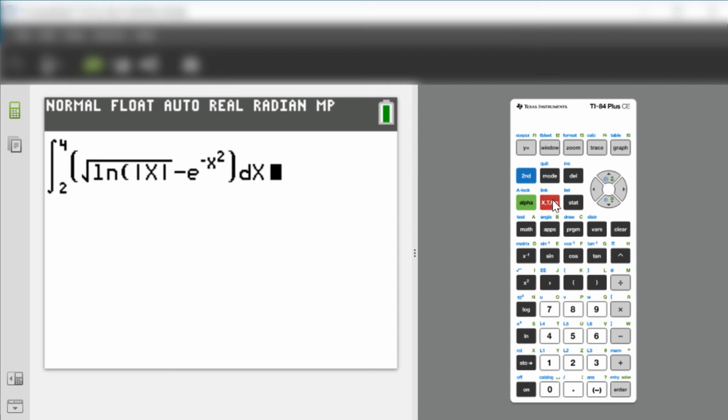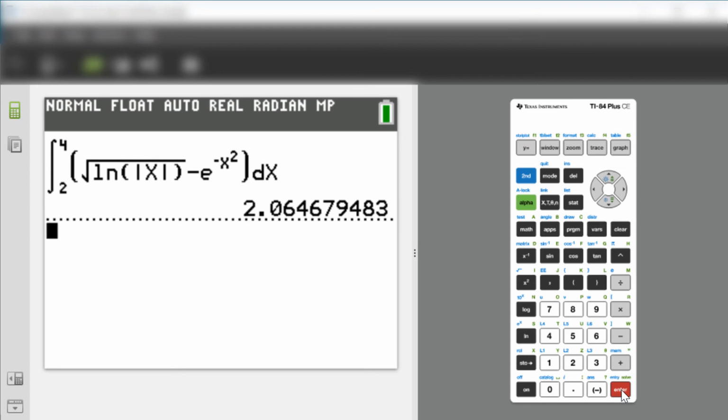Remember to put in the x for the dx. Check to make sure all the parts are correct. And then press enter. And the area that we get is 2.064679483. Let's put that on our workspace.